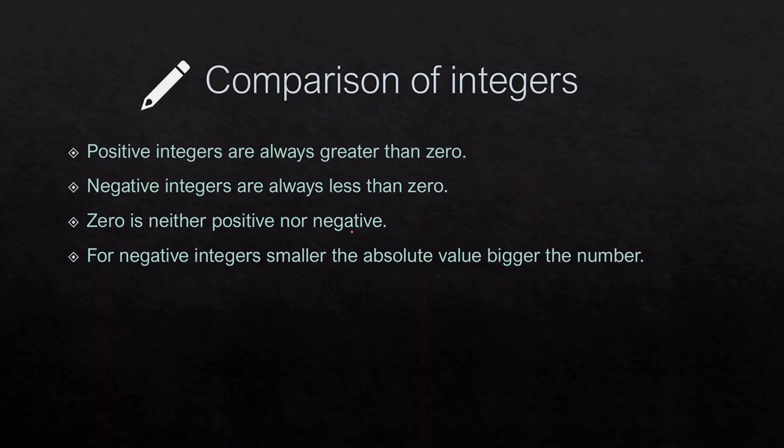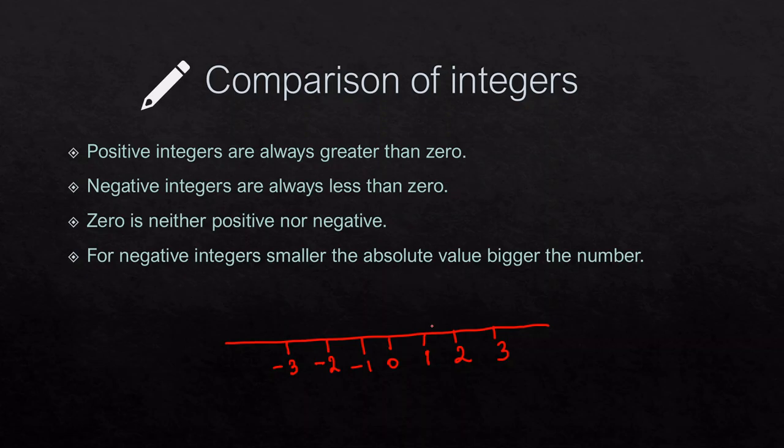Now, comparison of integers. If we draw the number line again, you see I have put 0 here, here it is 1, here it is 2, here it is 3. Always put the positive numbers on the right-hand side and the negative numbers on the left-hand side. This is the rule of the number line. So positive integers are always greater than 0.